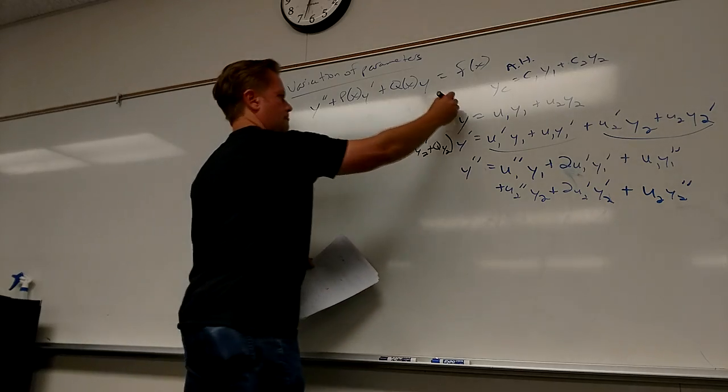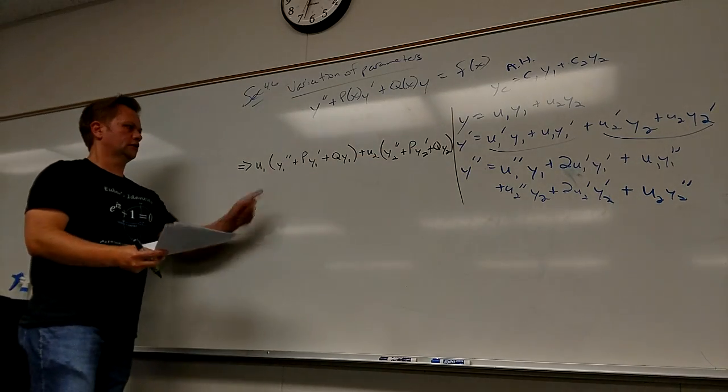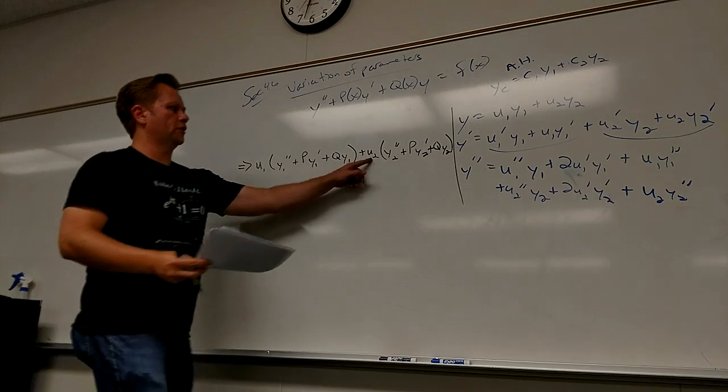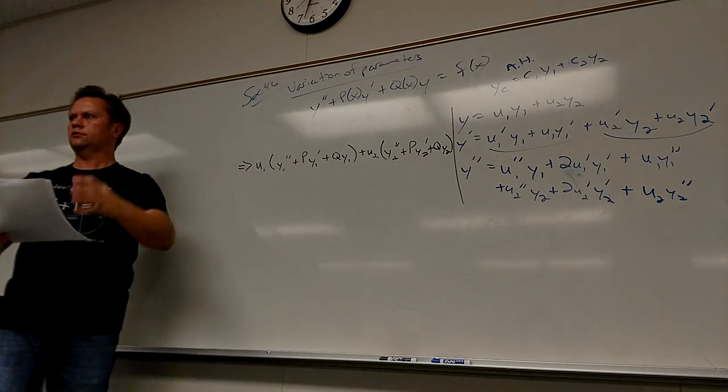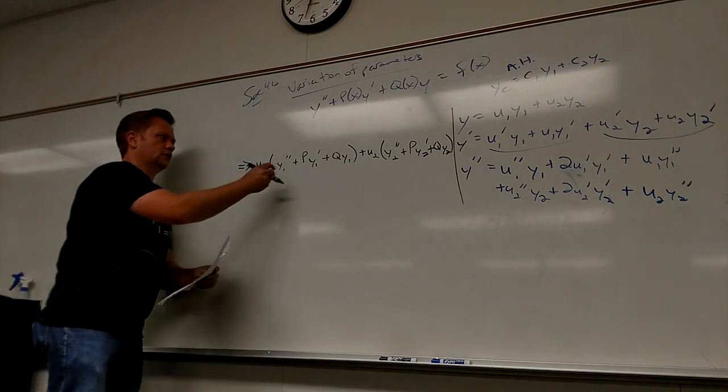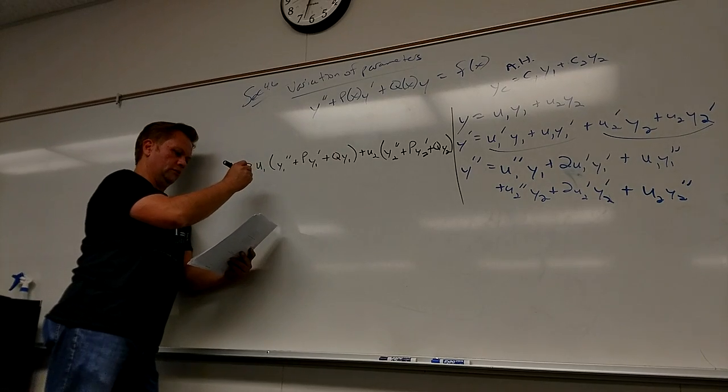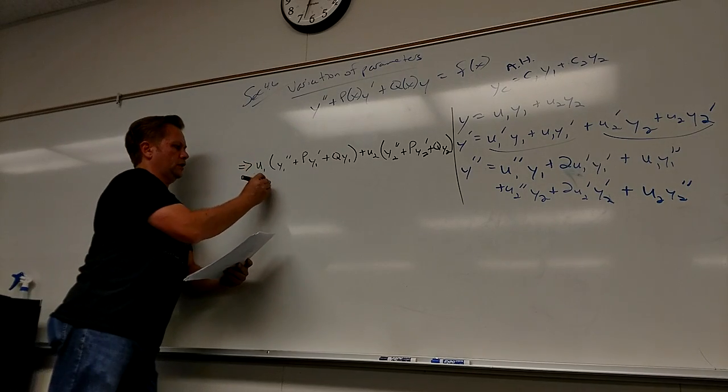So it's just collecting all my U1 stuff, all my U2 stuff, and just factoring those out. Okay, I'm going to say something about this in a minute. Let's see, what am I putting next? Blah, blah, blah. Plus now my P stuff.